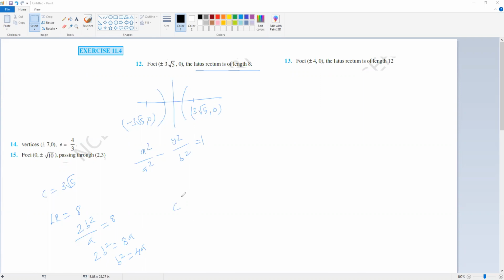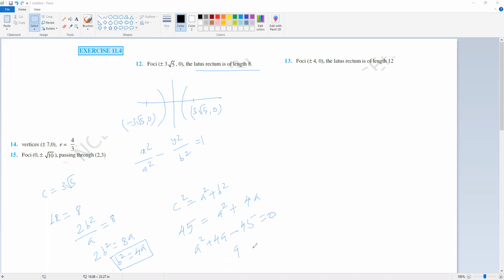Okay, so we know that c square is equal to a square plus b square. So c is 3√5. The square of 3√5: 3 square is 9, √5 square is 5, so 9 into 5 is 45. A square plus b square, and b square is 4a, because we got this from the latus rectum expression. Latus rectum is 8, the formula was 2b square by a, from which we got b square is equal to 4a. Substituted. So you get a square plus 4a minus 45 is equal to 0.